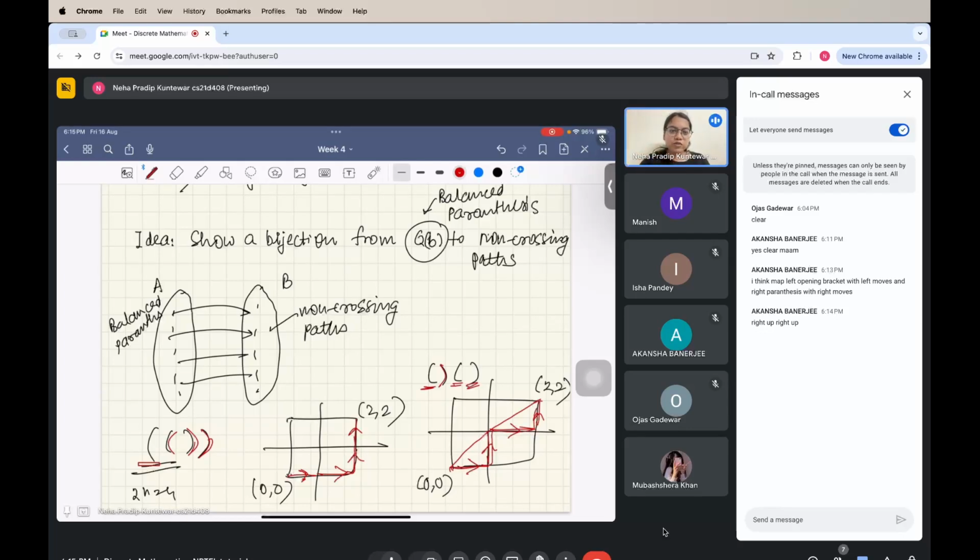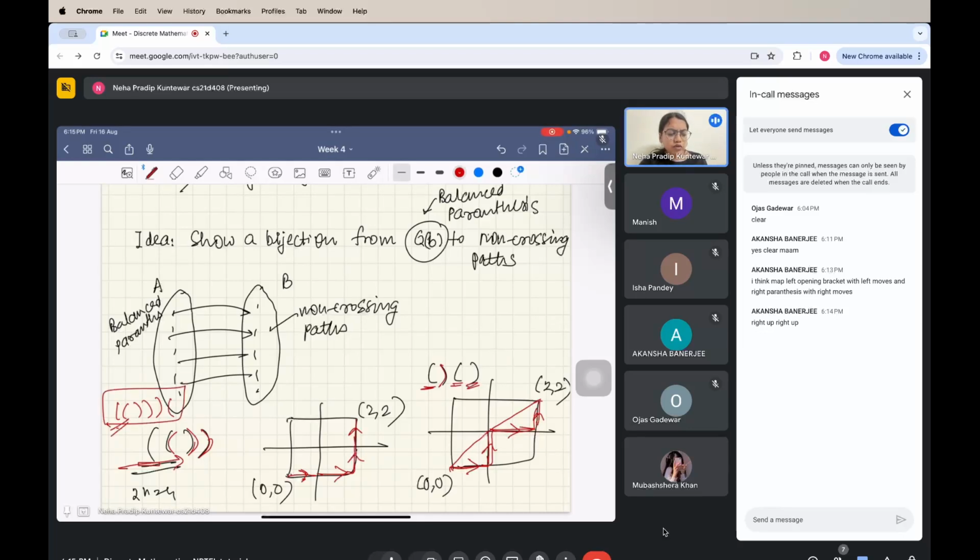This also is intuitive, because notice that when do you say that a parenthesis is not balanced? That happens precisely when the number of left brackets that you are seeing is less than the number of right brackets that you see. For example, something like this is not balanced.